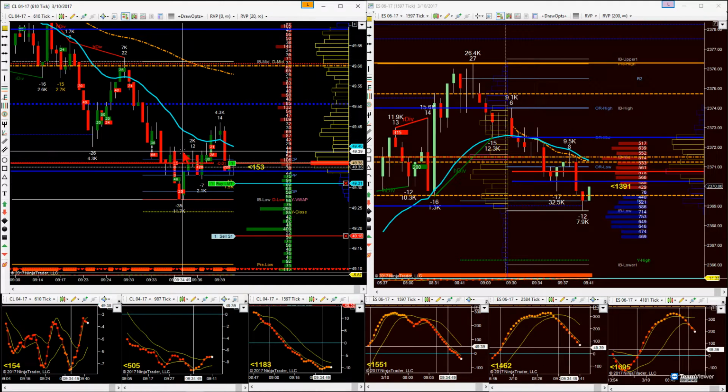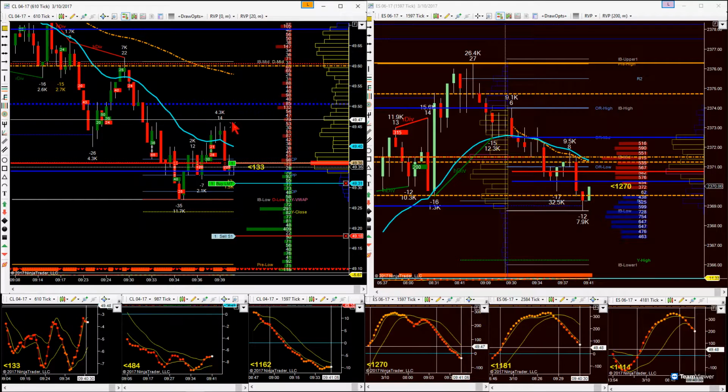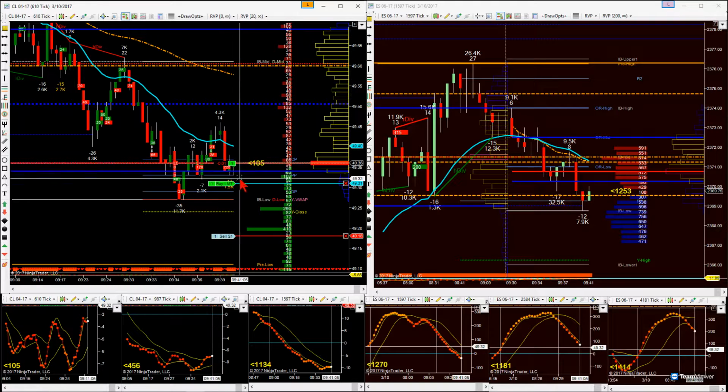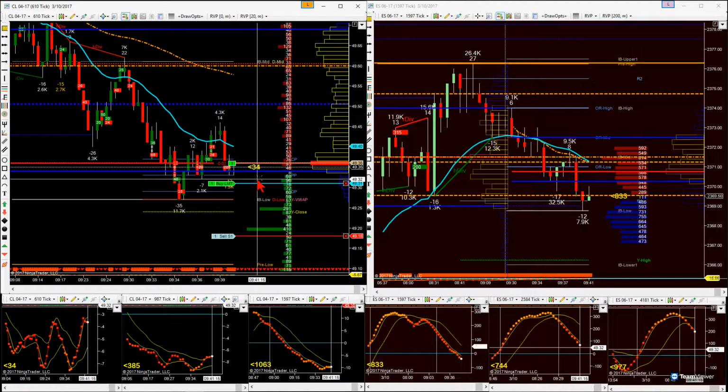You can see here we have a low, a high, lower high. Sorry, low, high, higher low, higher high. I'd really like to see this stay above here. I'd like to see us stay with a higher low here.